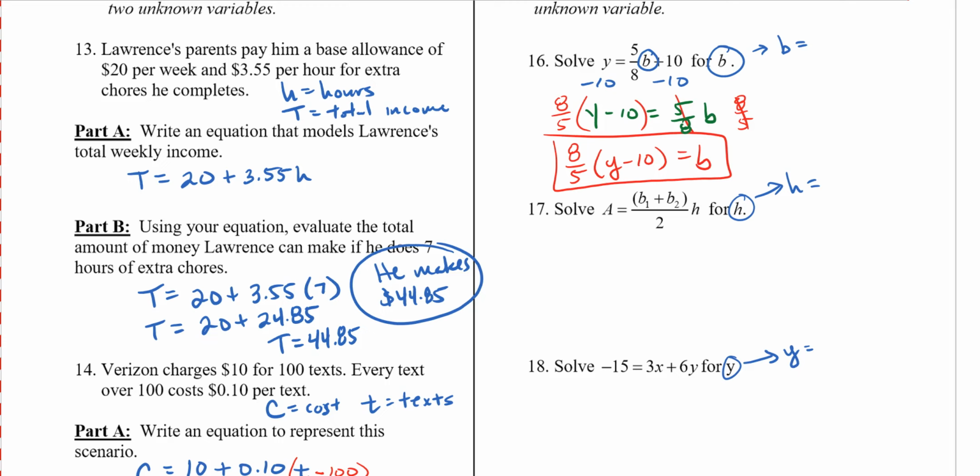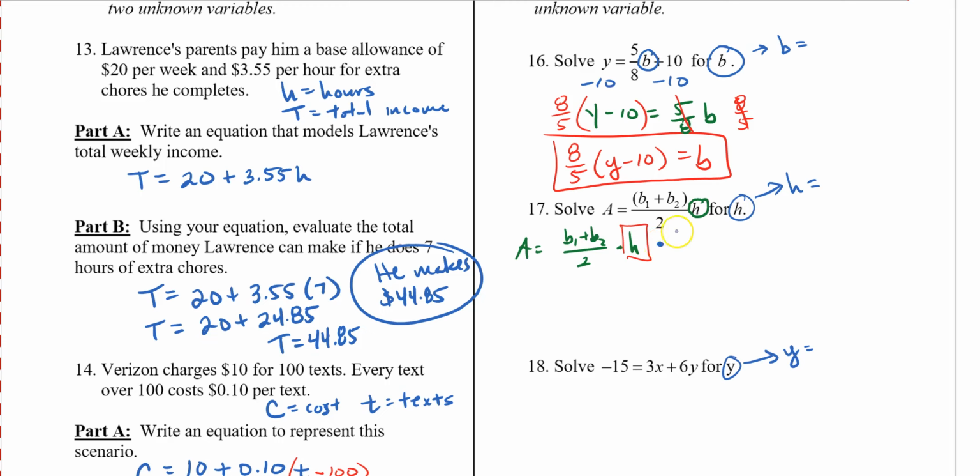17. We have the formula for the area of a trapezoid, and we're solving for the height. Now we notice that the height is this guy way over here by itself. b1 plus b2 over 2 times h. So we want to get rid of everything except for this h. Everything else is this fraction that's being multiplied to h. So how do we get rid of a fraction that's being multiplied?